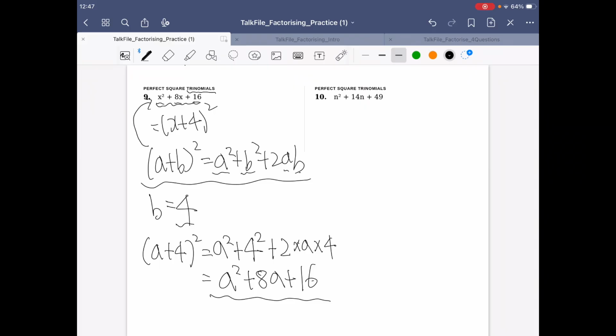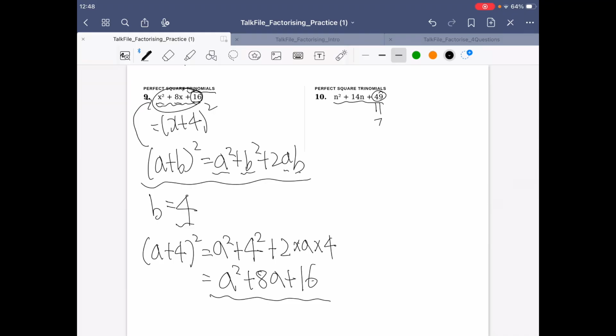With a little bit of practice, you will be able to see, oh, this is the perfect square form, and I can factorize it, I can simplify it by using this formula. It's the same here. The first tip would be to see the constant, the number at the end, and if it's a perfect square, then you get a little bit of conviction that this might be a perfect square.